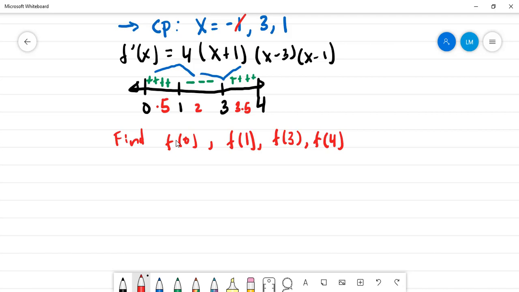Now, let's go ahead and use that the original function was f of x equals x minus 3 squared times x plus 1 squared. Let's do this.